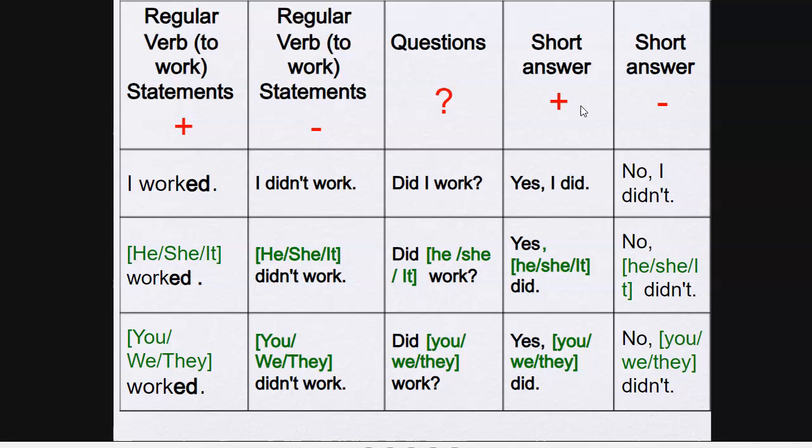Yes, he, she, it did. No, he, she, it didn't. You, we, they walked. You, we, they didn't walk. Did you, we, they walk? Yes, they did. No, they didn't.